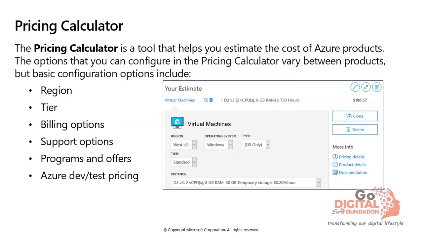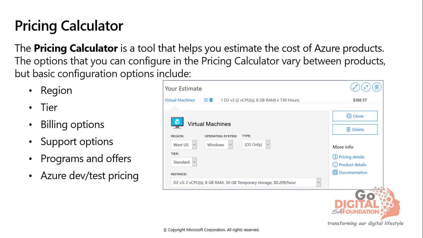And then we have the pricing calculator, the one that shows you how much you're going to pay for a certain amount of time when you are using those services on Azure. The pricing calculator is a tool that helps you estimate the cost of Azure products.